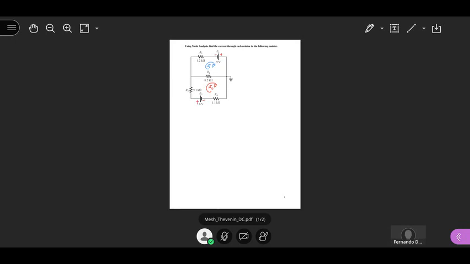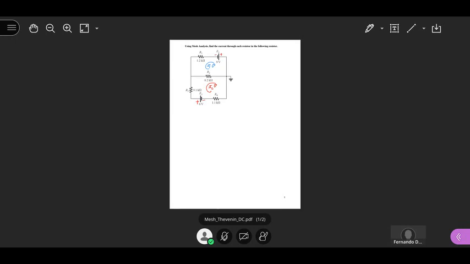Now what are you going to do? Let's do loop one, current one, right? I'm going to add all the resistors that I1 goes through. I'm going to do two steps so you can remember.